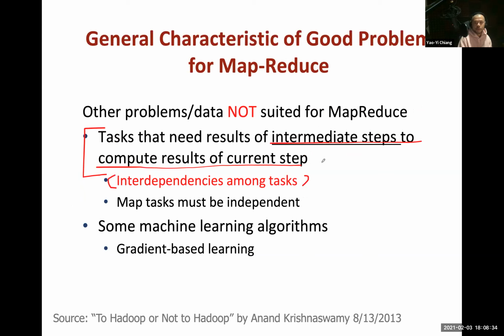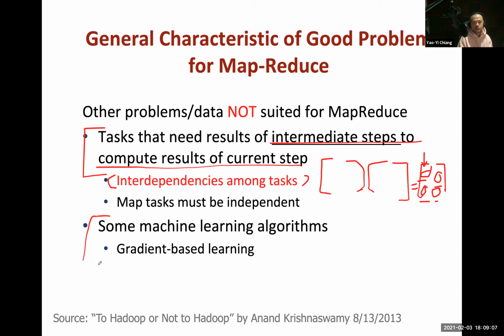Remember when we were doing our matrix multiplication, each component in the resulting matrix is independent from the others, right? So you can do parallel processing. However, if your data set has dependencies, it's not really a good idea to use MapReduce because you cannot use that parallel processing power.